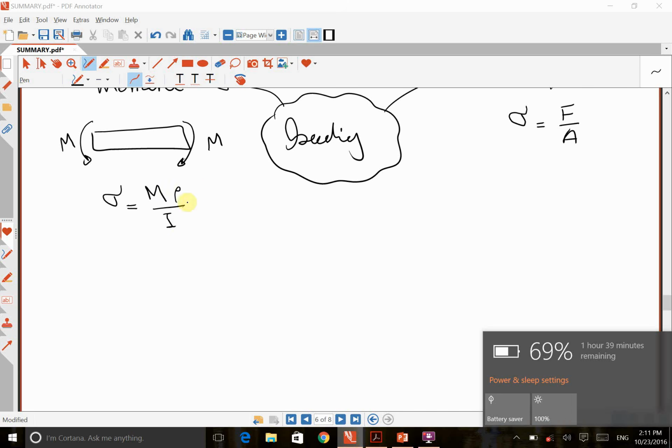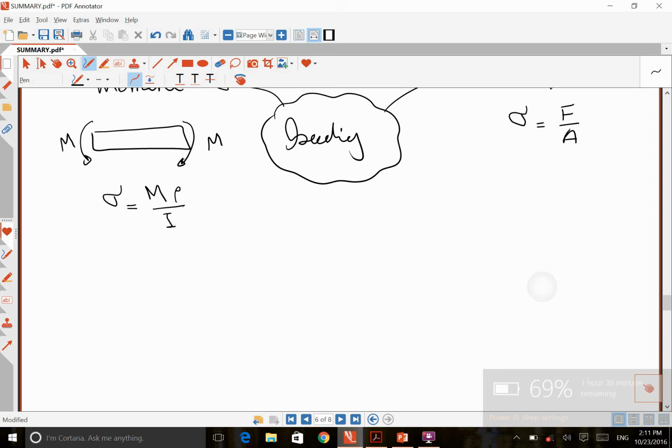If I look at the specimen cross section from this side, rho is the distance of a point that we want to read the stress from the center. For example, if this is the point that we want to find the stress at, and that's the center, rho is this distance.